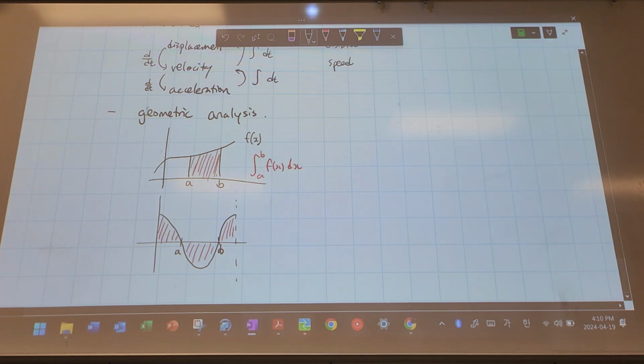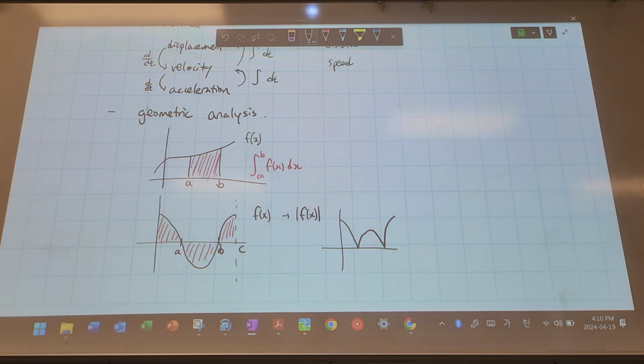Then we also add the integral from B to, let's say, C. So we do it in three parts. Or we can take this f of x and make it the absolute value of f of x, which makes the function always positive. It's going to look like this, this, this. Then you take the integral, and you can also find the area.